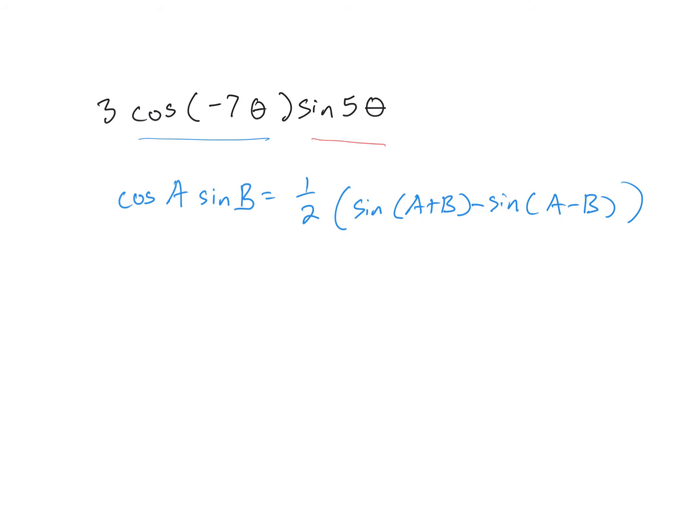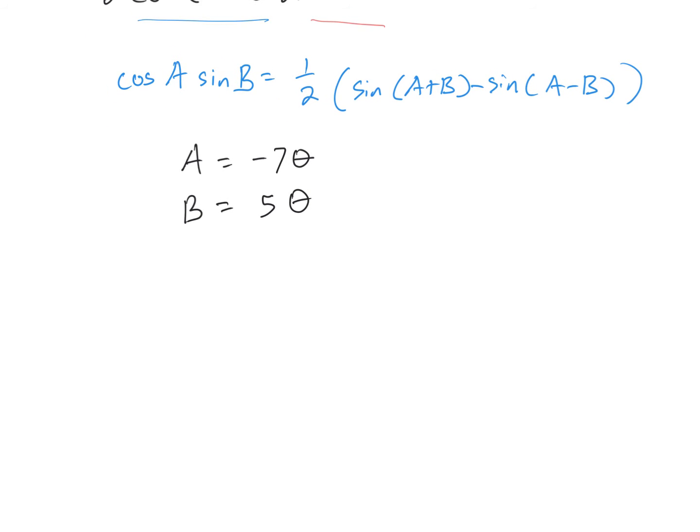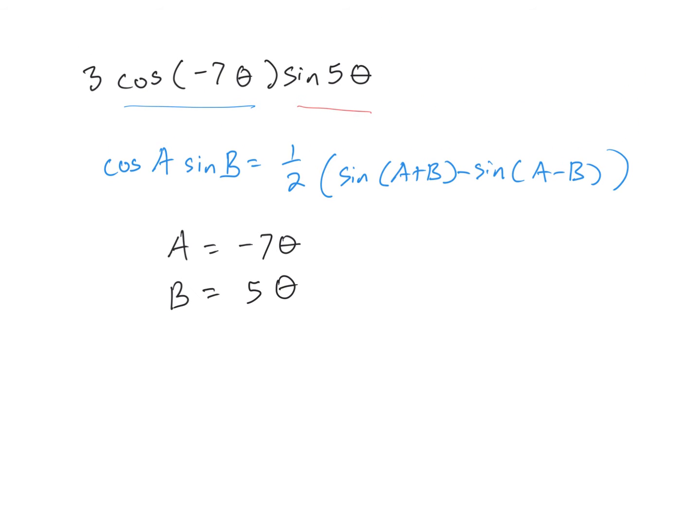And in our case here, our A must equal -7 theta, and our B must equal 5 theta. Okay, so let's multiply it out and see what we have. Remember we have a 3 in the front.